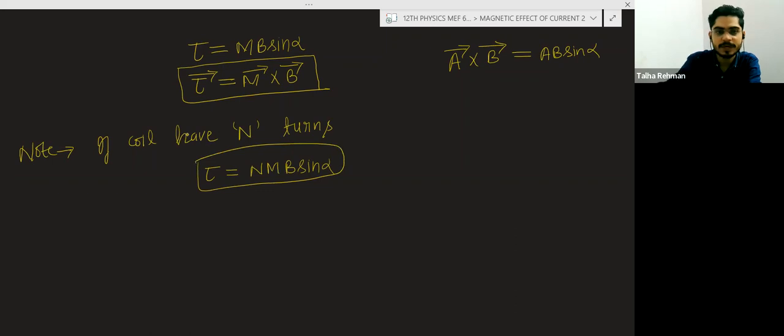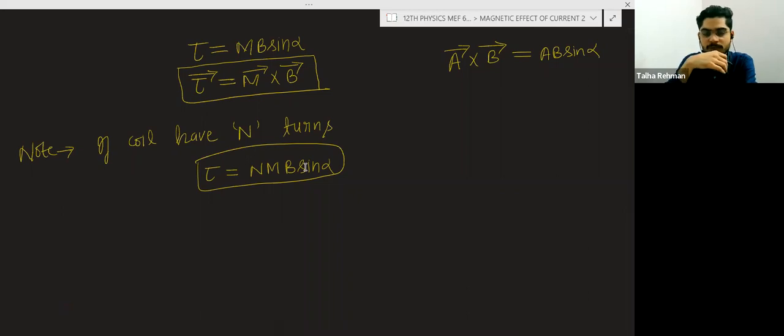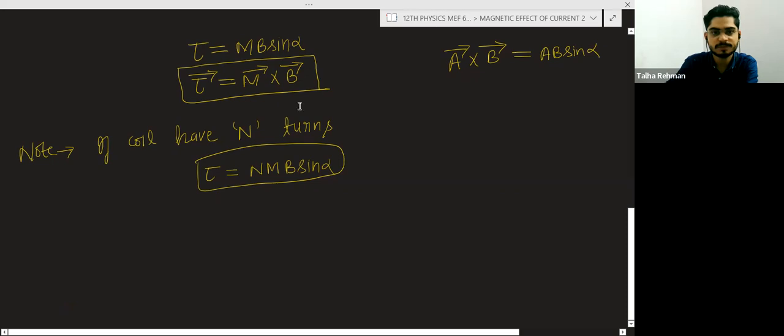This is the torque for the coil when the coil has one turn only. When you put N equal to 1, you will get tau equal to MB sin alpha. Just note down this part.